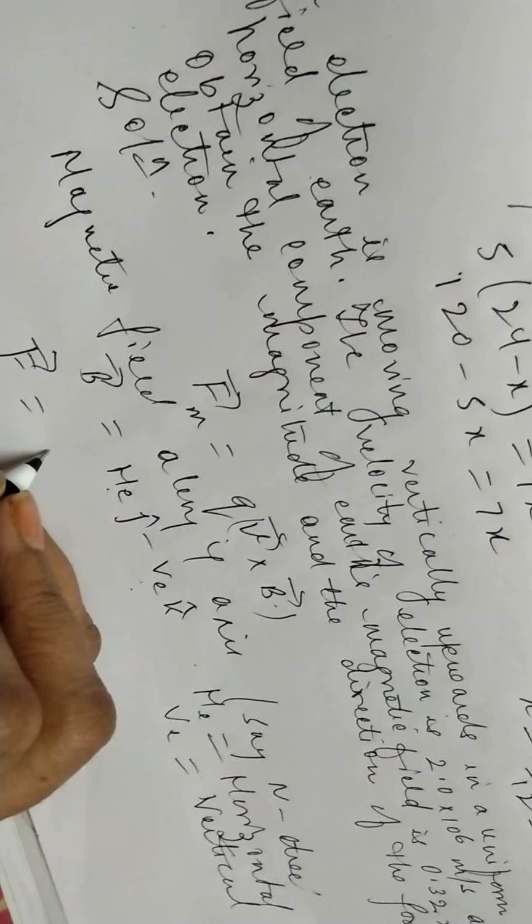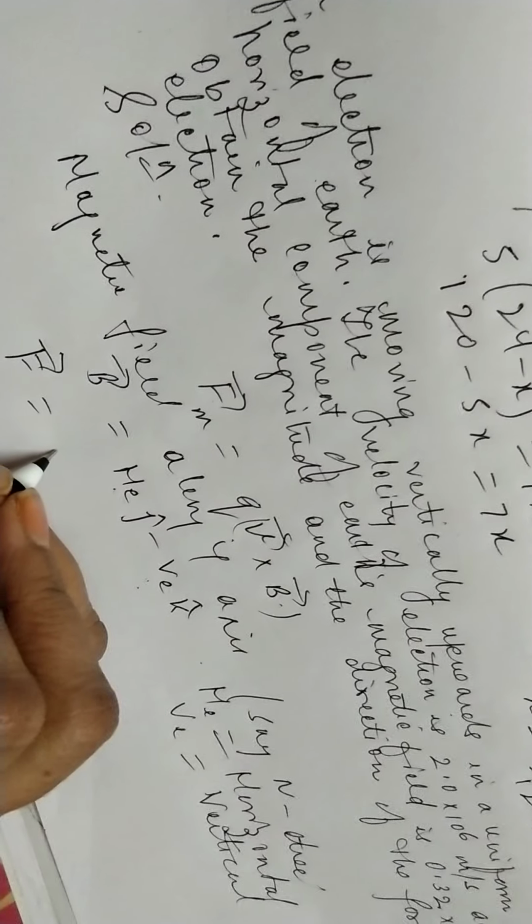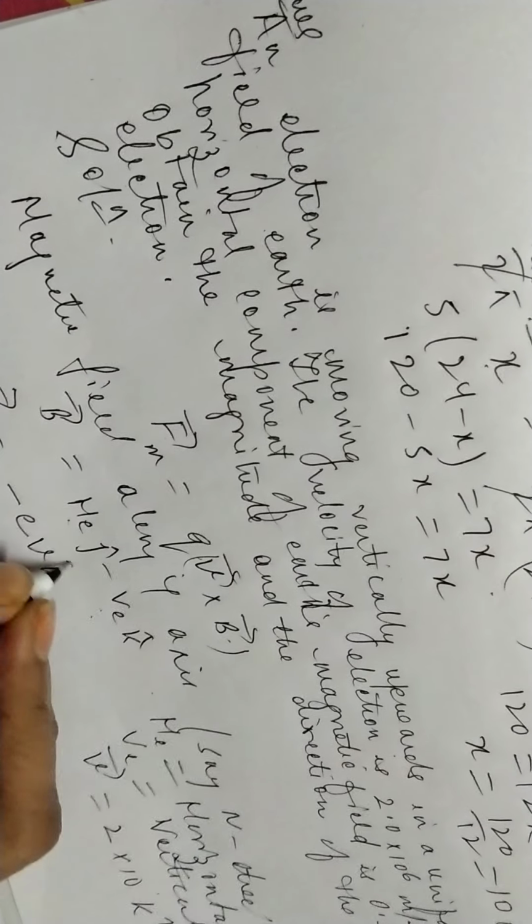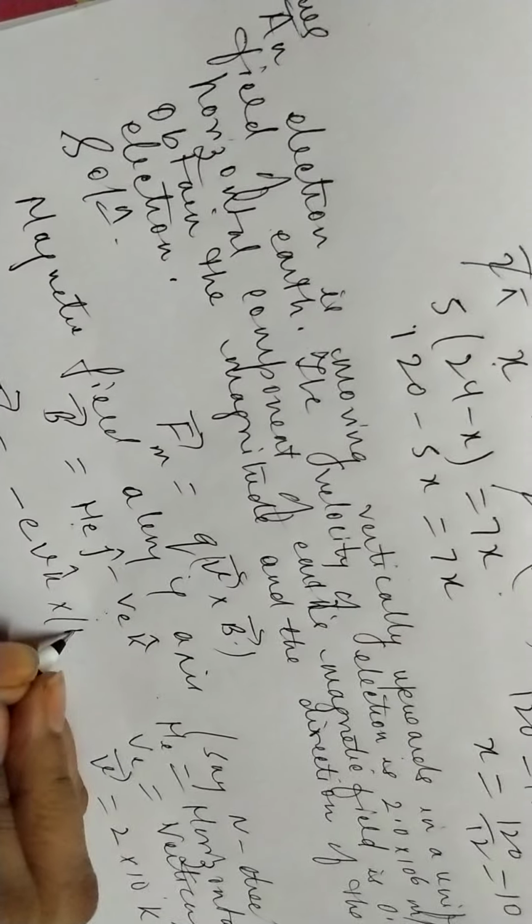If we substitute, Q is the charge of the electron, so we can write minus e, and the V vector, let us take 2 into 10 to the power 6 k caret. So e V k caret cross H_E j caret minus V_E k caret. So this is what we have got.